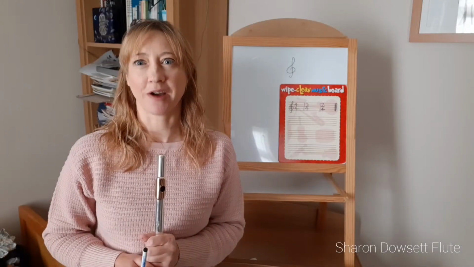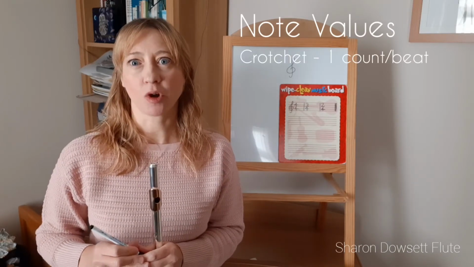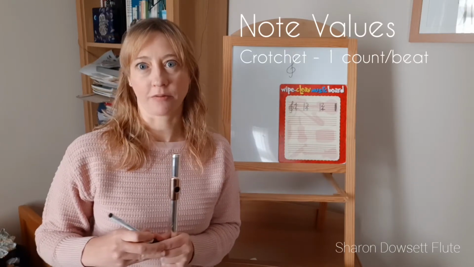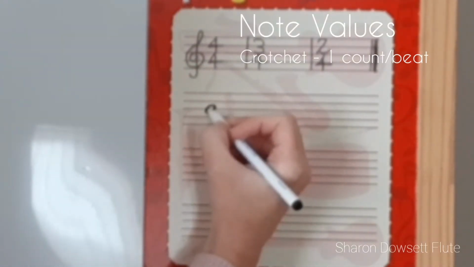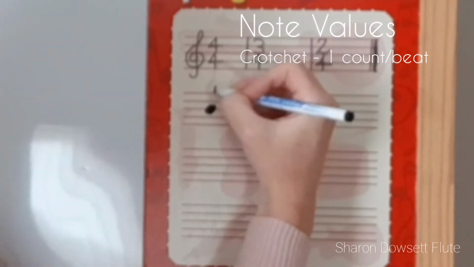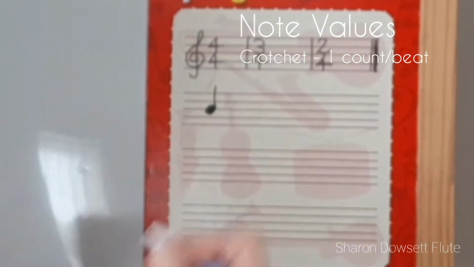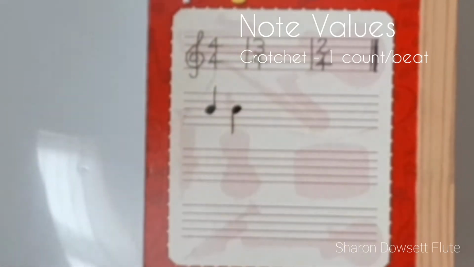Let's move on to the note values next. The first one I'm going to tell you about is called a crotchet, and it is worth 1 count. So it is a note that has a head coloured in, and it has what's called a stem, which can either be going up or, in some cases, downwards, just depending where it's written on the stave.